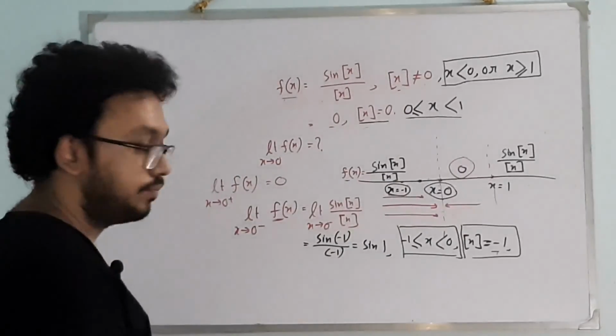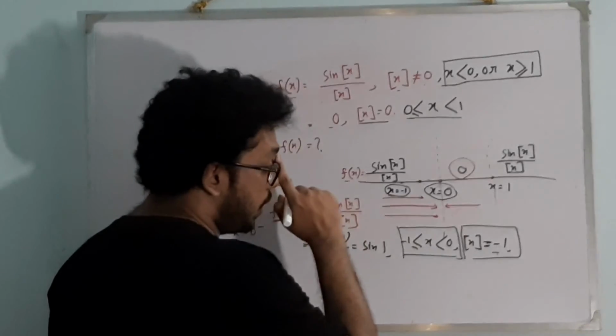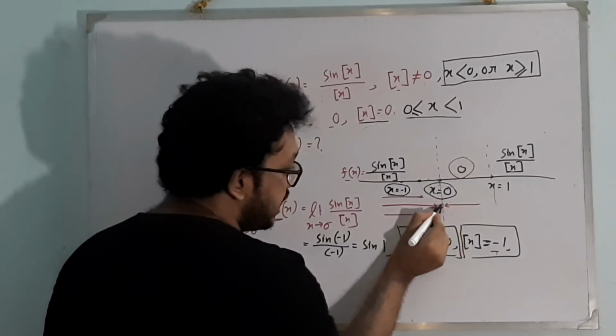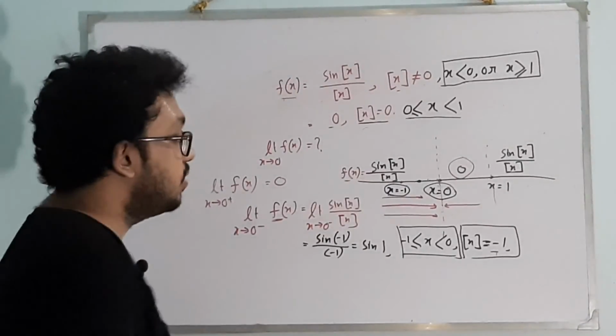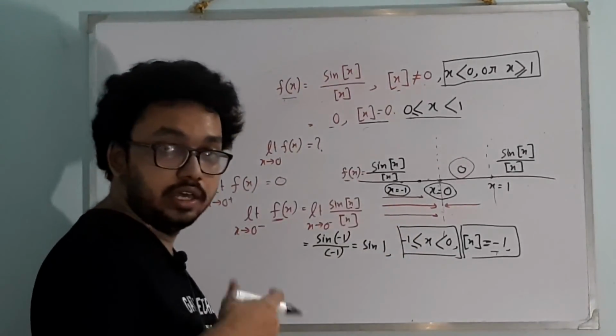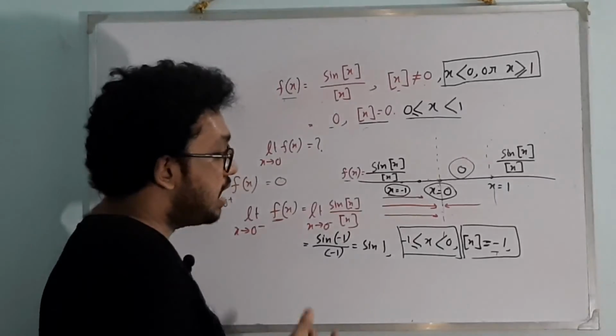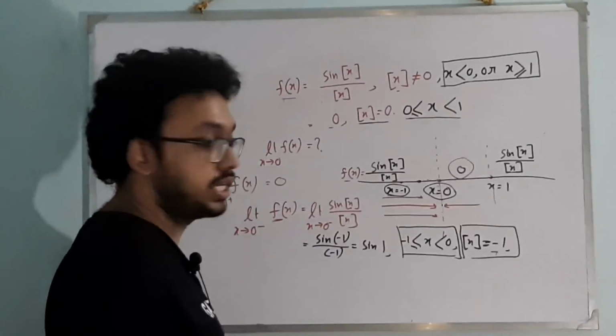Is it clear? I am again repeating, when we are evaluating the left hand limit at x equal to 0, we are not interested about the value of the function at x equal to 0. Rather, we want to check the behavior of the function in the left neighborhood of x equal to 0.